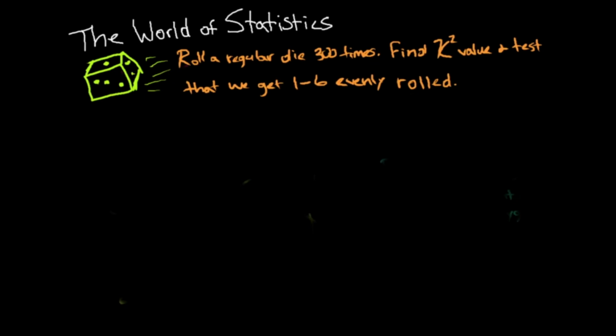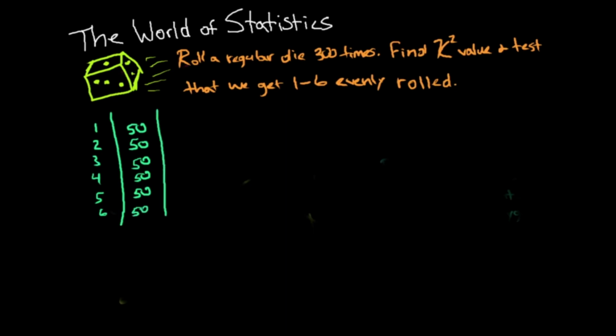So if we were to draw this on a table, we have our numbers 1 through 6. And in this case, we expect it to be an even split of 50 of each number, and that would give us 300. So that's what we expect to happen.